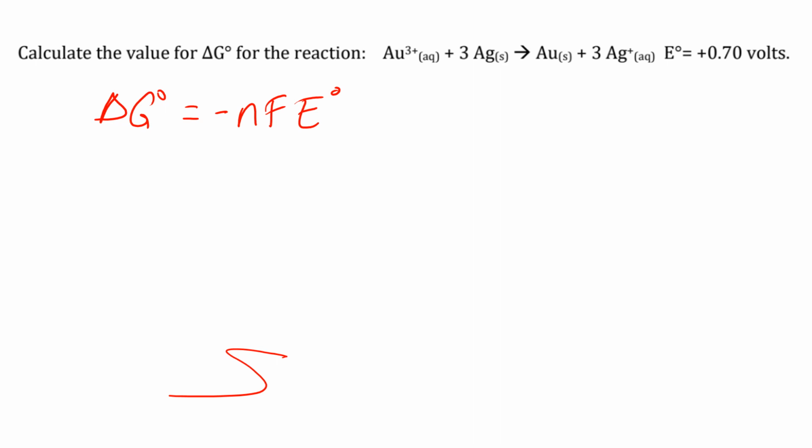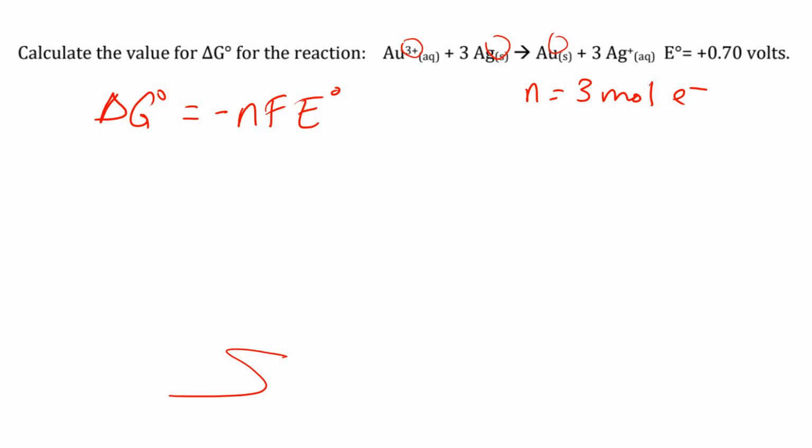Recognize your variables. N equals the number of moles of electrons that are transferred, which you saw when we did the reaction before. You see the 3 plus and the 0, and the 0 and the 1 plus, so 3 electrons are being transferred.